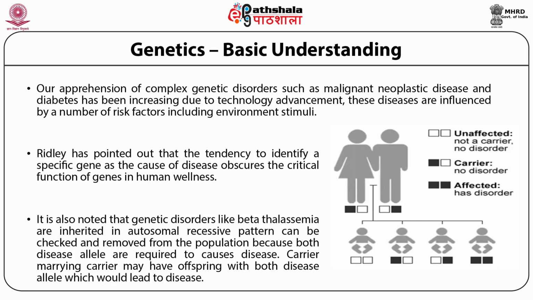In the same way, the third child is a carrier but has no disorder. But the fourth child is affected with the disorder. That shows that this autosomal recessive inheritance pattern is very clear.